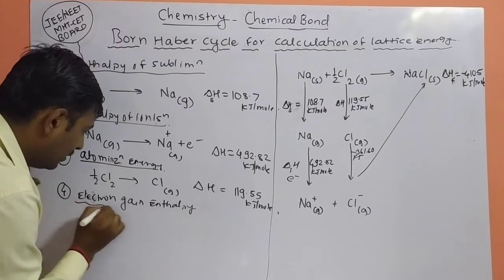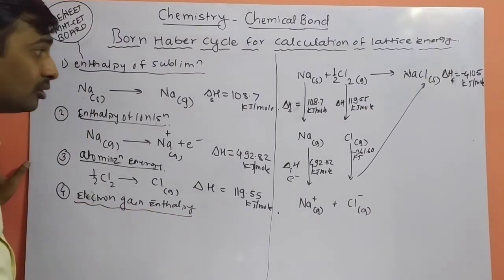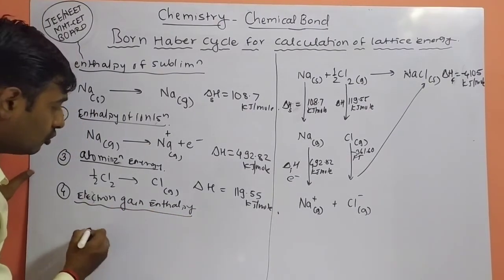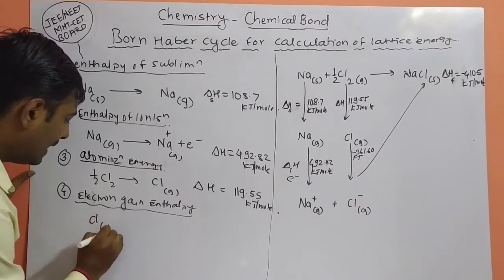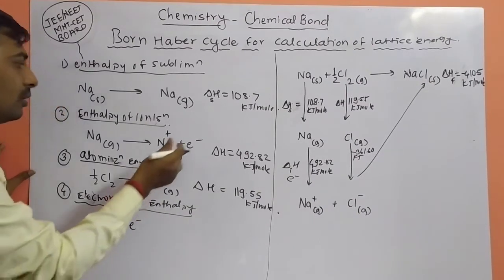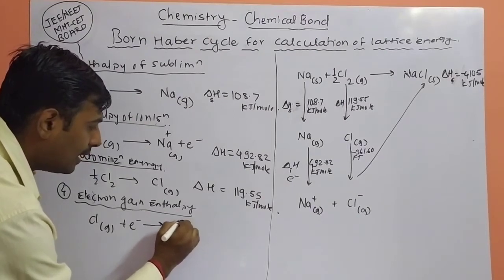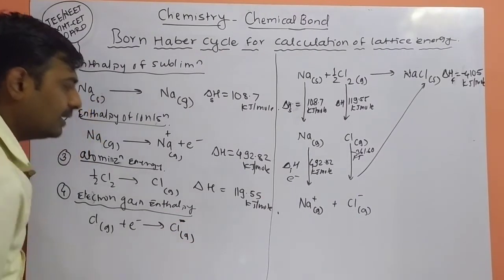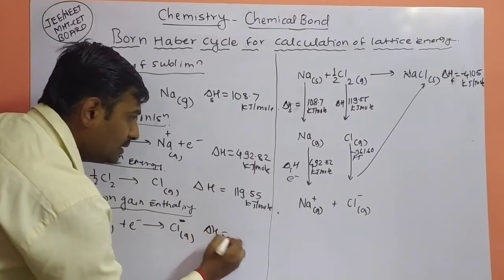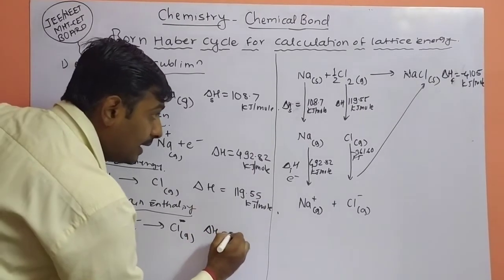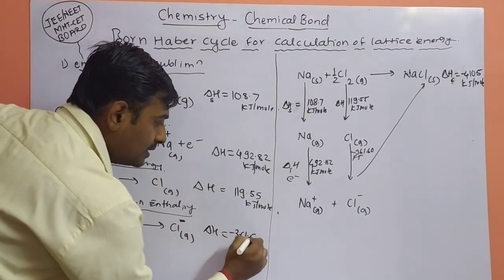What is the electron gain enthalpy in this reaction? Gaseous chlorine absorbs the electron of sodium and forms the chloride ion in the gaseous state. The enthalpy released in this process is minus 361.60.